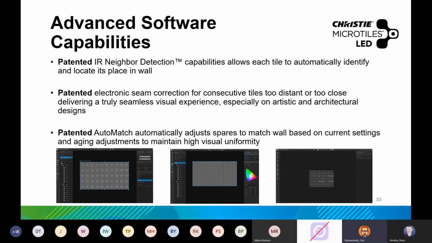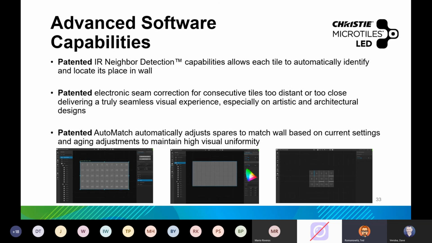So basically, as you click and go, each chassis, you attach the power over Ethernet and you attach it magnetically to the sheet. It automatically detects and they talk to each other. So you don't have to map out the tiles. That's automatically done for you. This saves 30 minutes to an hour of time on a wall installation.